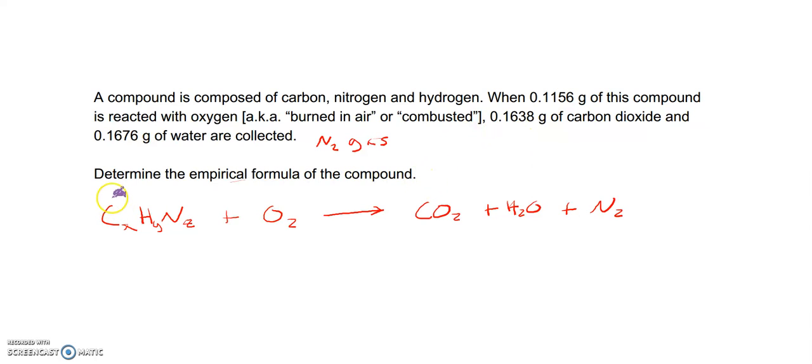So we know we've got 0.1156 grams of this. Looks like a 7, but it's a 1. Grams. Does it say O2? Nope, and we don't need it. We're going to assume the O2 is in excess, because we're burning it.